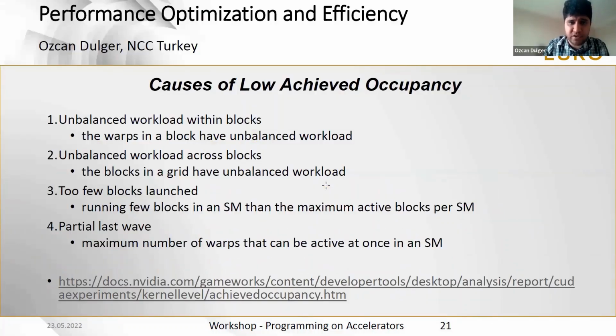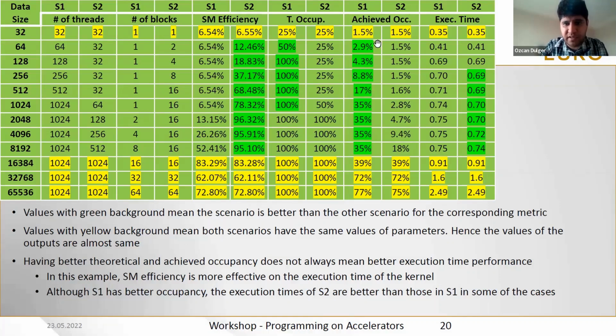And another issue here, as you see, the actual occupancy is lower than the theoretical occupancy. We know that the actual occupancy cannot exceed the theoretical occupancy, but here it is lower.